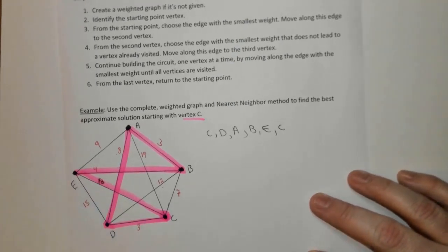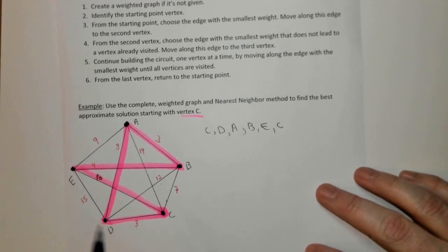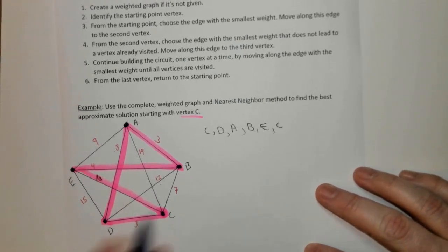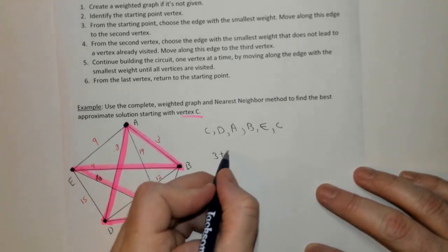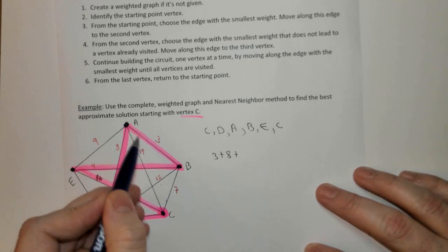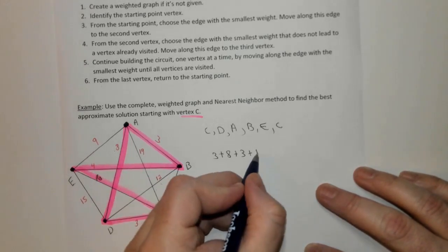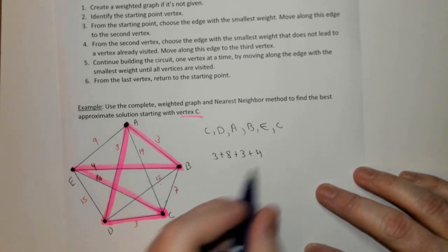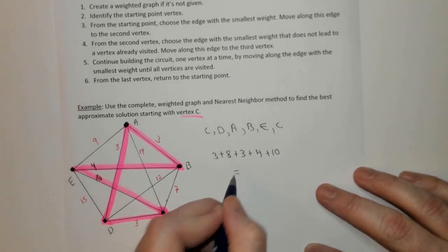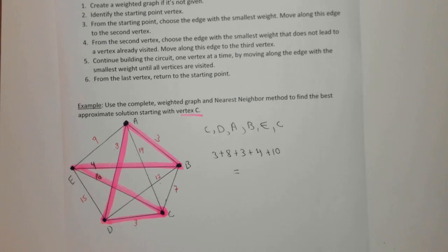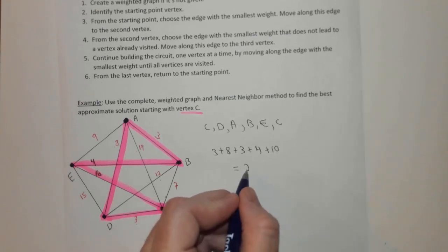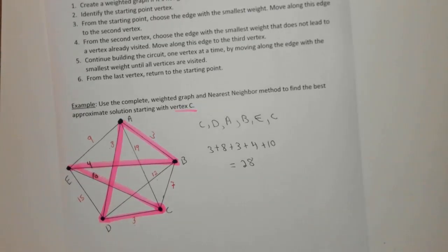So now we'll come up with the total. The total, let's see, CD is 3. D to A is 8. A to B is 3, B to E is 4, and E to C is 10. So let's total these. 28. All right, and there we go.